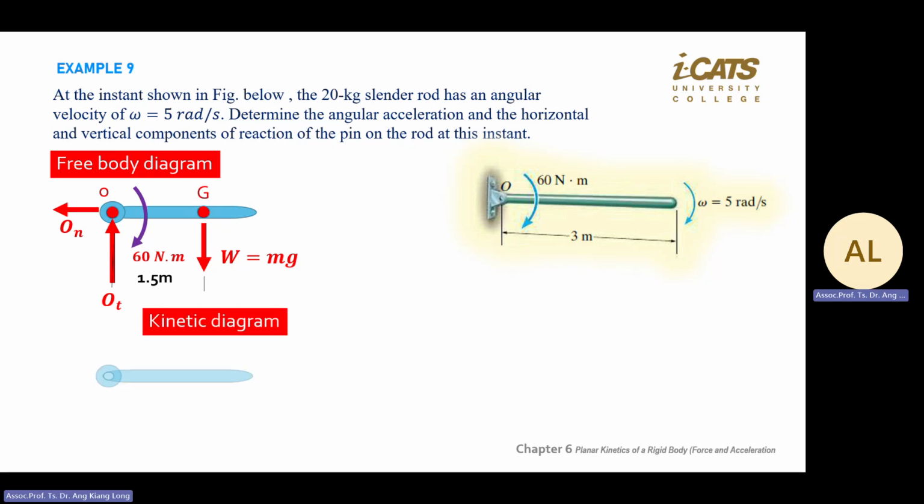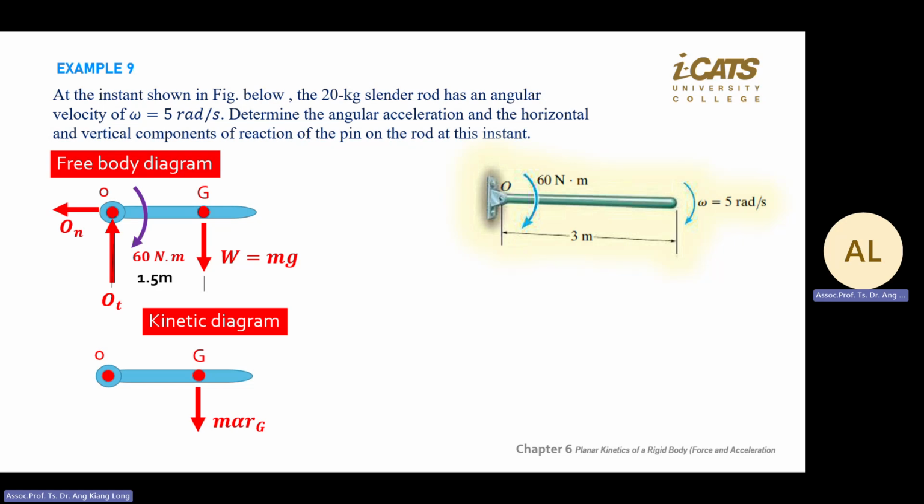You should be able to generate these two diagrams: one is the free body diagram, one is the kinetic diagram. The kinetic diagram is the MA diagram. You just convert your A. This one rotates in the tangent direction, so your MAT.